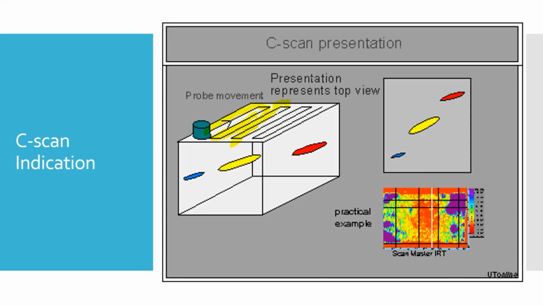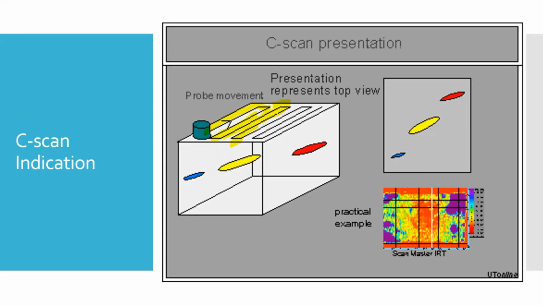So you can see it does this zigzag search pattern. And what you get is this view on the right. That's what I mean by a heat map. It shows you the different flaws, and the colors represent the depth.